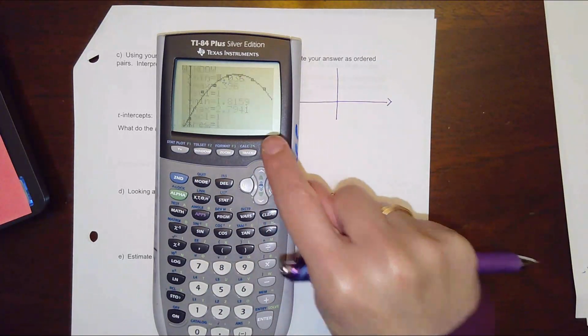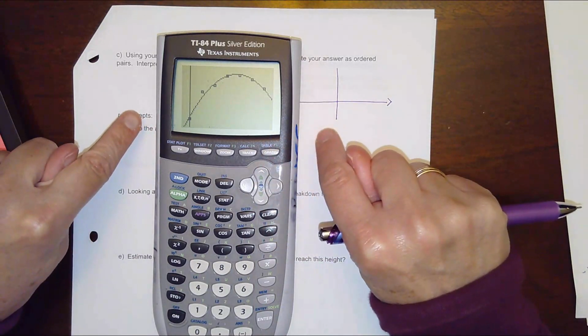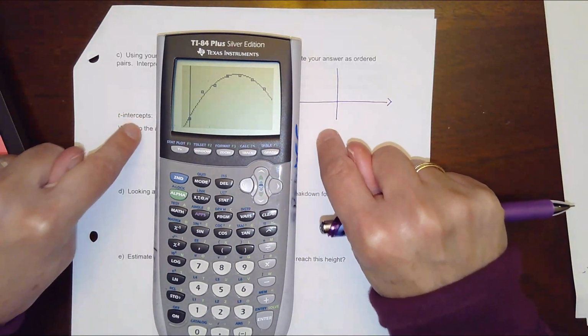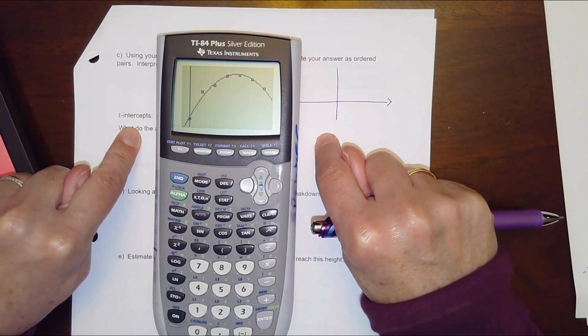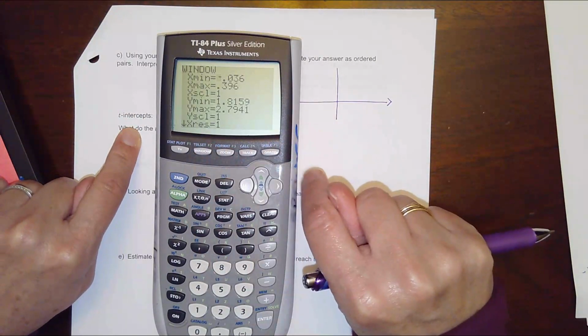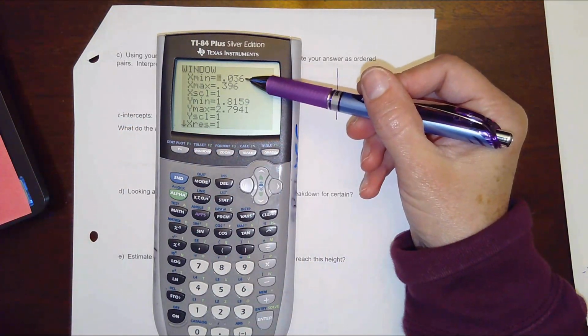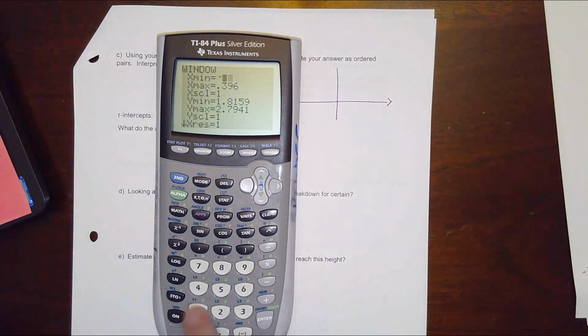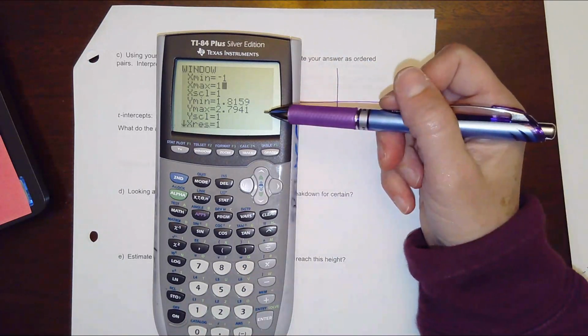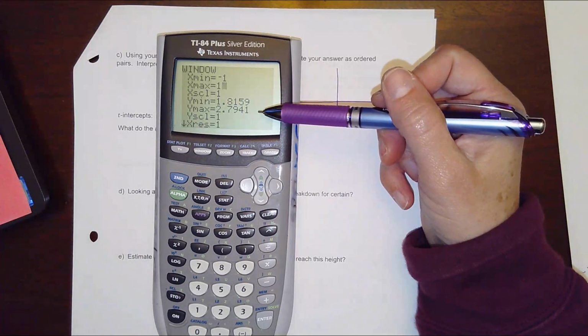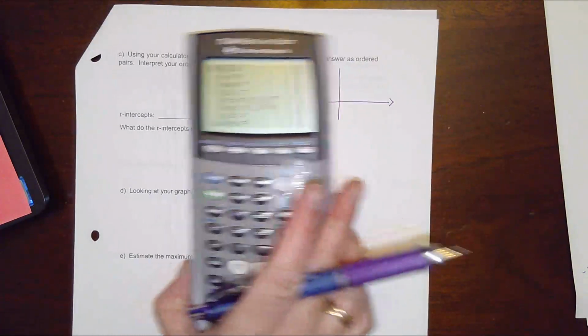When I go to Window, it looks like maybe the intercepts are over where my fingers are on either side. So I'm going to need to make my x values a little bit bigger. I'm just going to go from -1 to 1. I'm not sure how long it takes for the ball to hit the ground.